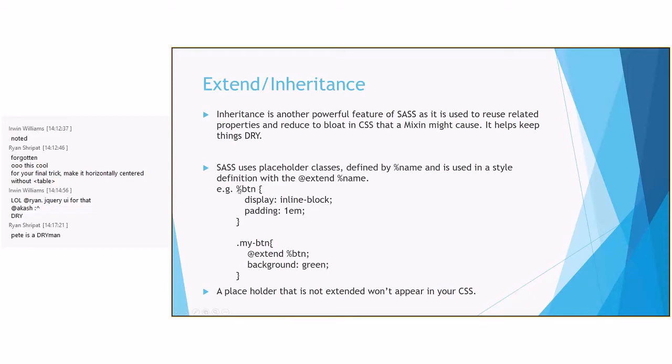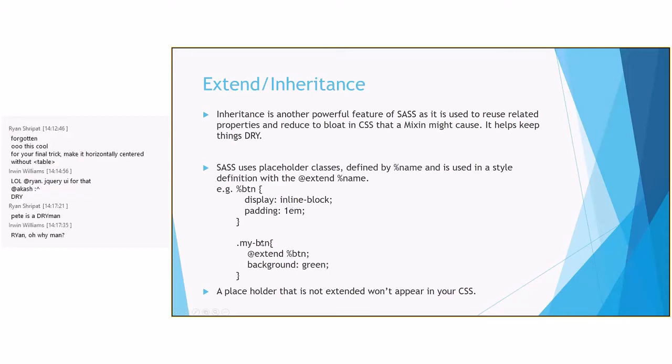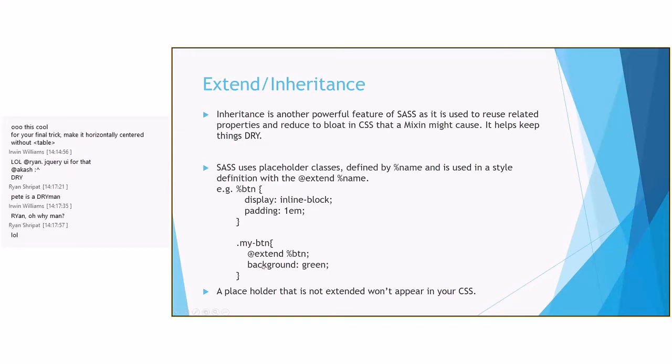As you can see here, percentage BTN. You have the specific style, display and the padding, and then in the my button class is where we'll call this. We'll extend this BTN here. Use the @extend percentage BTN, and my BTN, when it's preprocessed and compiled to the CSS, will actually have these two lines, display and the padding, before the background green.